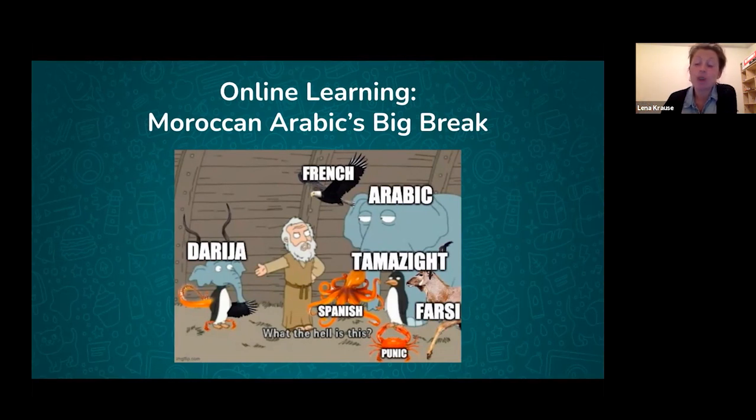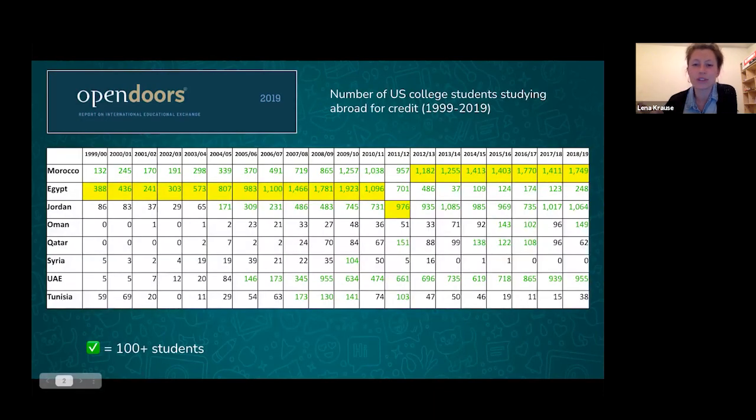However, Morocco plays a large role in the MENA. So I'm going to jump in with a few statistics here from Open Doors, which is an organization that collects statistics on study abroad around the world. All I pulled here was the number of US college students studying abroad for credit in the MENA, starting in 1999 through 2018, 2019.